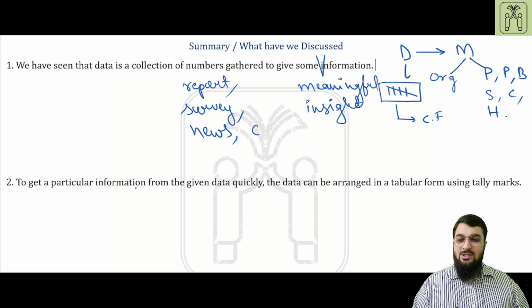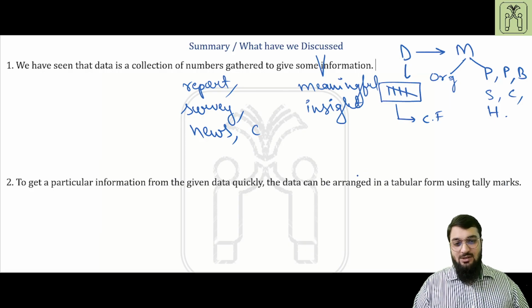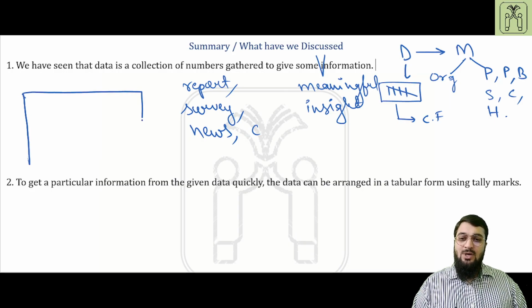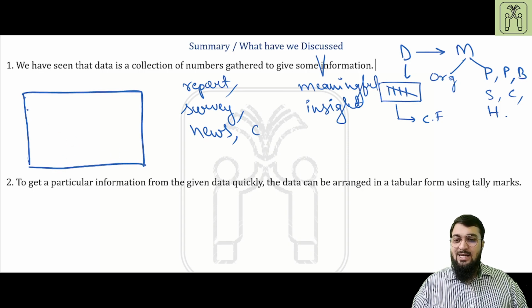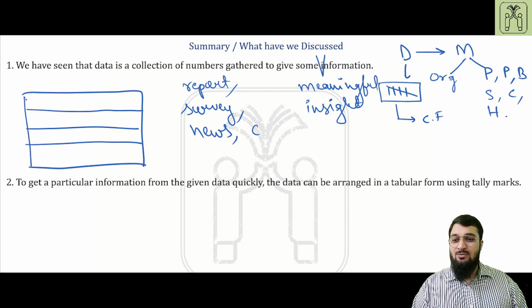Point number two says, to get particular information from the given data quickly, the data can be arranged in tabular form using tally marks. Tally marks are like the number of votes that a particular choice has gotten. So basically, organizing data includes making a simple table that has a number of rows dedicated to the number of choices like mango, apple, guava, banana, kiwi, etc. So n choices will lead to n rows along with one additional row.